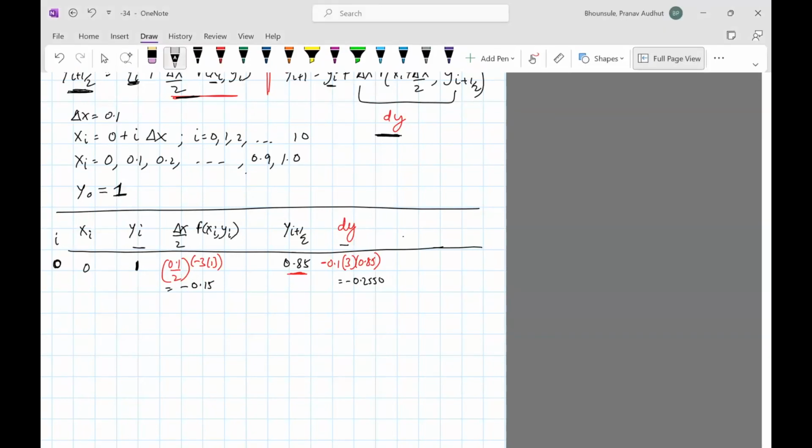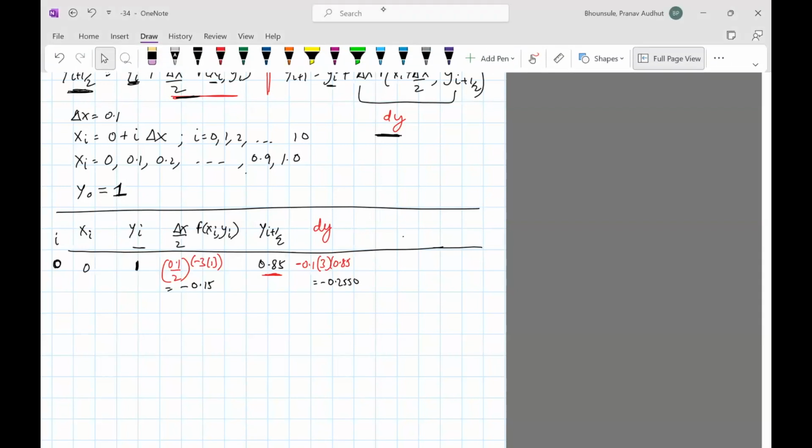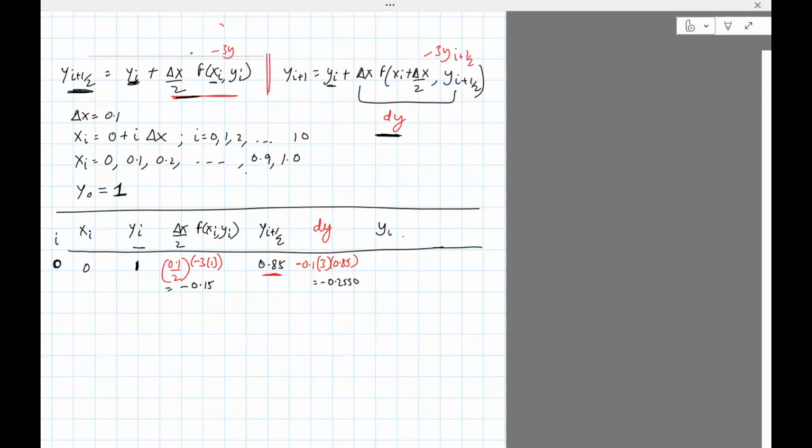I need some space for the analytical solution, so I'll just move this. Then we have yi plus 1, which is just the summation of dy and yi. So 1 minus 0.2550, 0.7450.